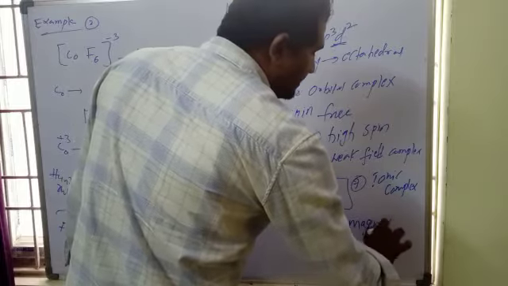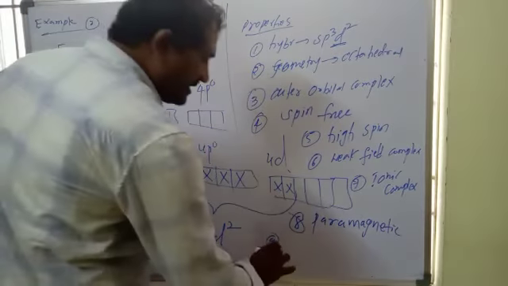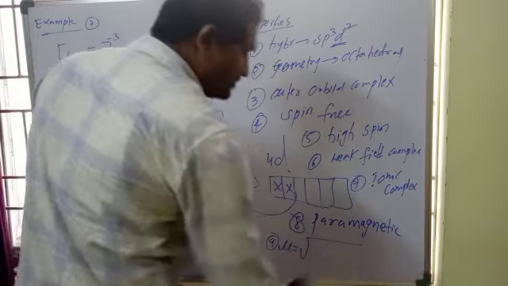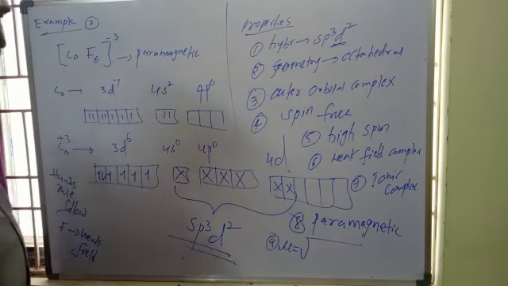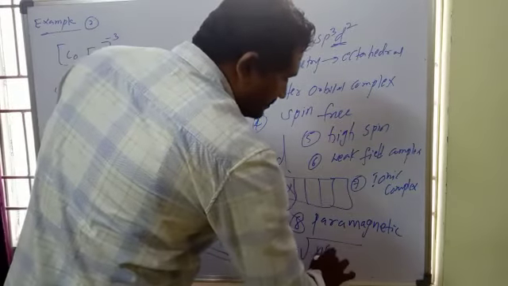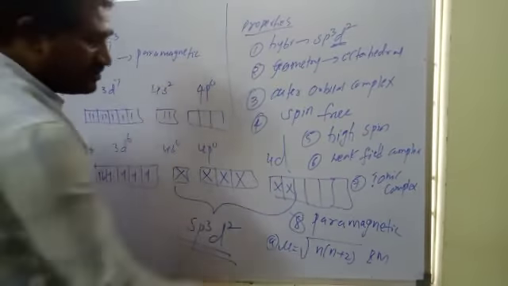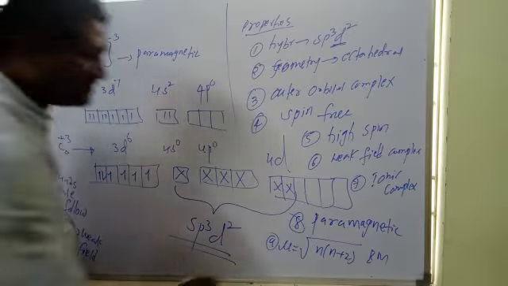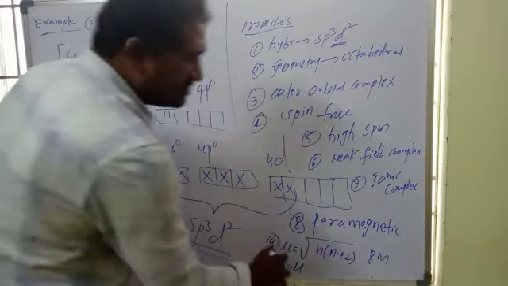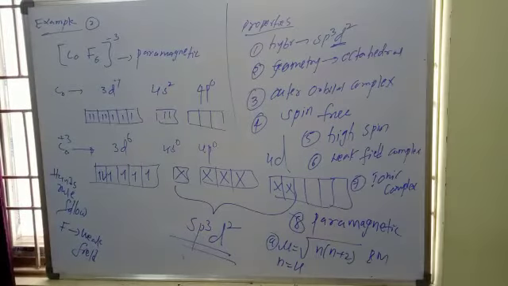If you calculate the magnetic moment, it equals the square root of n into n plus 2 in Bohr magnetons, where mu is the magnetic moment and n is the number of unpaired electrons, 1, 2, 3, 4. So n equals 4. Substituting, you will get approximately 4.9 BM. These are the properties of this complex.